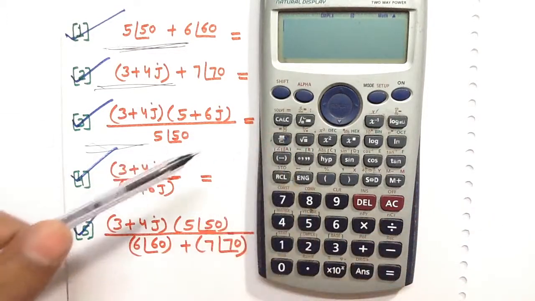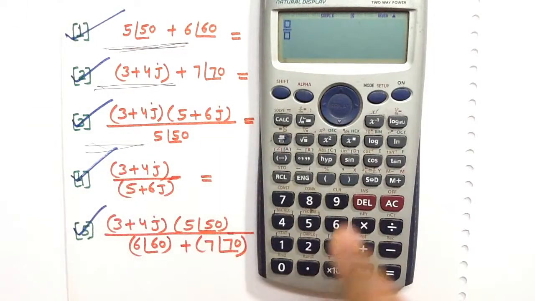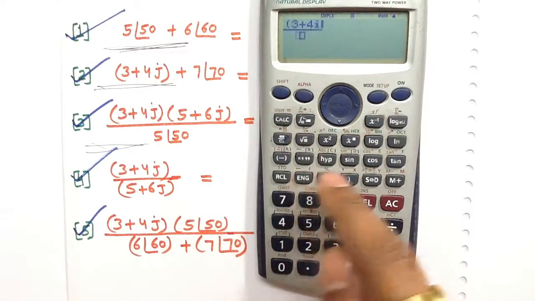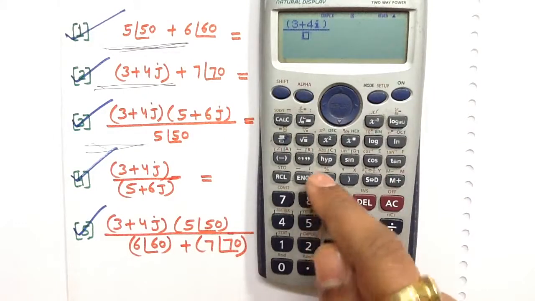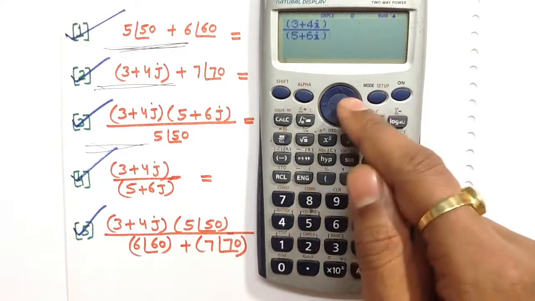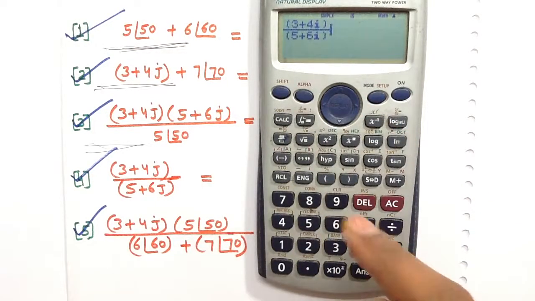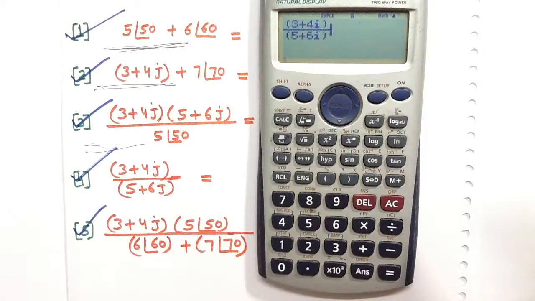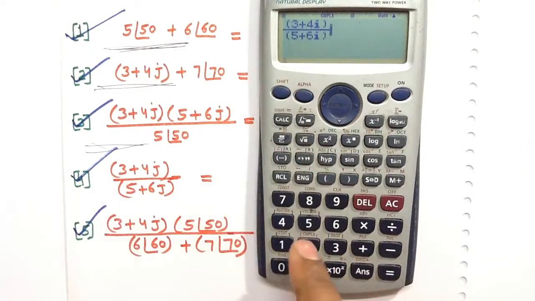Press this button first. Write in brackets 3 plus 4J divided by 5 plus 6J. Suppose I want to get the answer in the polar form, so press Shift, then 2, then 3, then equals.